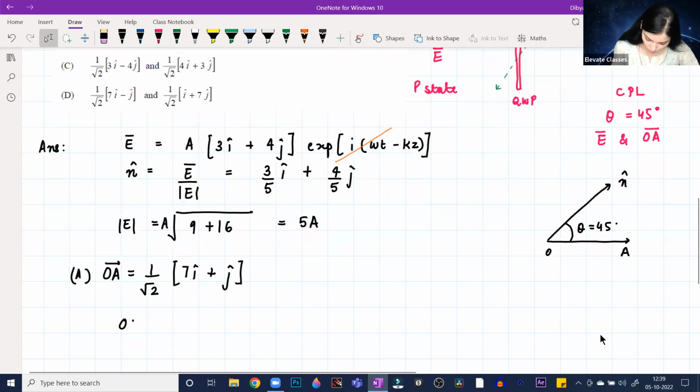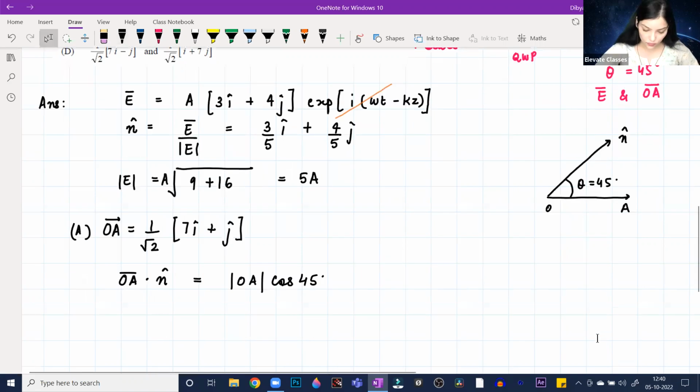If I take the dot product of OA with this, I will get this, and the magnitude of n is just 1 because it's a unit vector we have taken. So this will just be equal to cos 45, right?